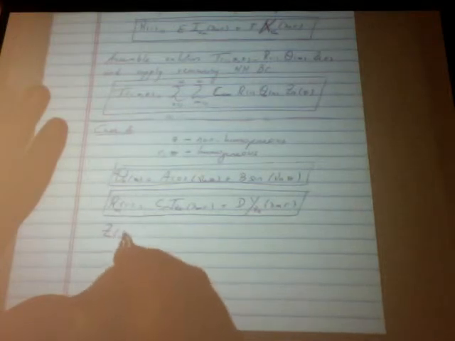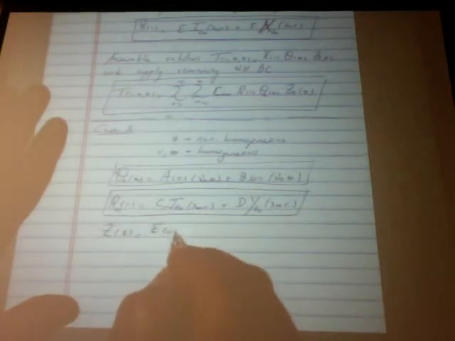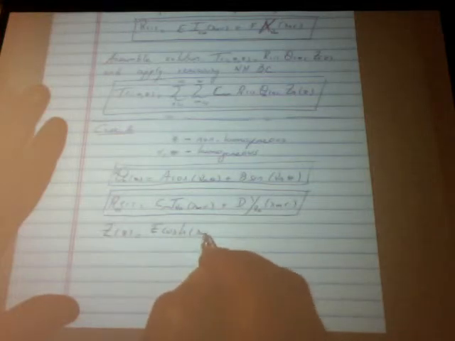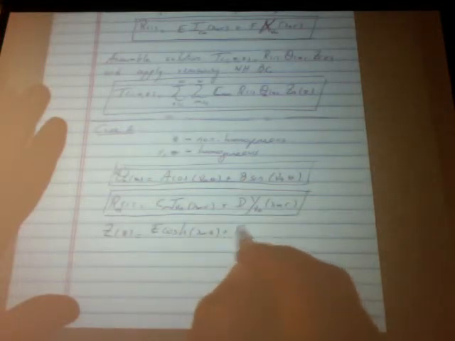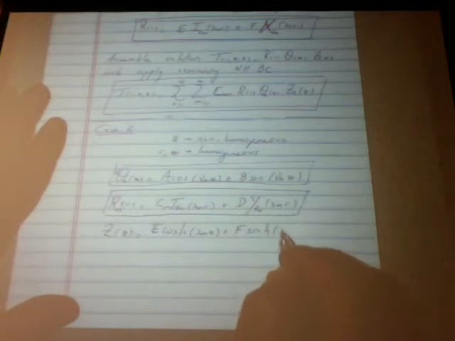This is n, this is m. And the last non-eigenfunction is e cosine hyperbolic of lambda m z plus f sine hyperbolic of lambda m z.